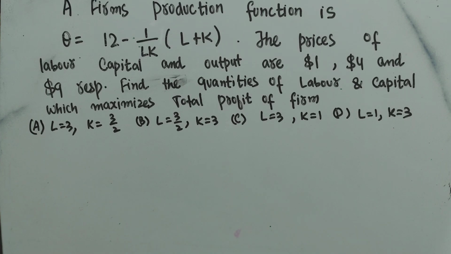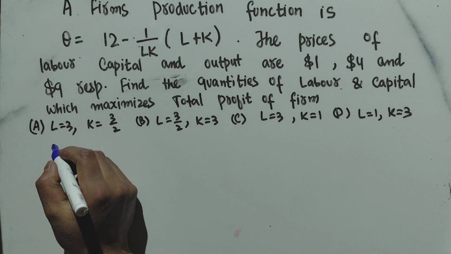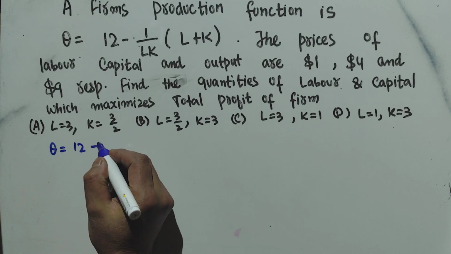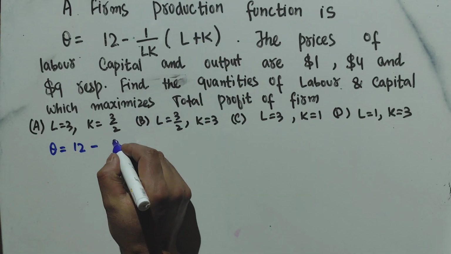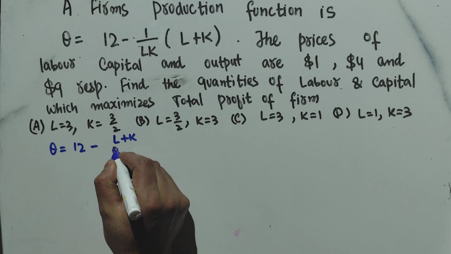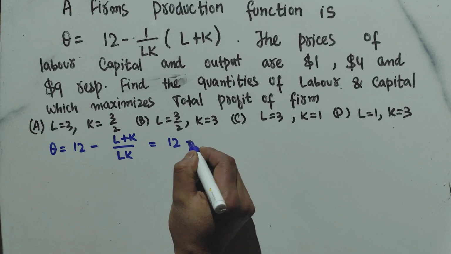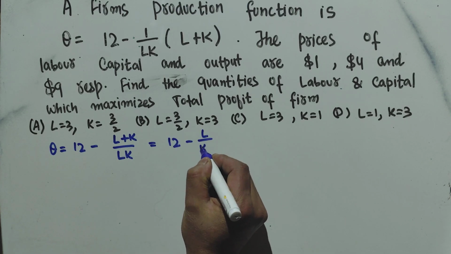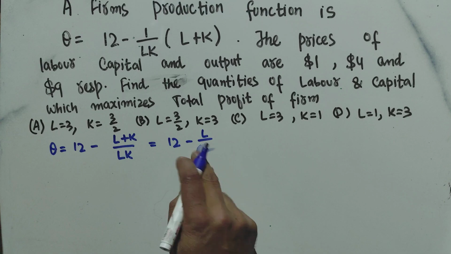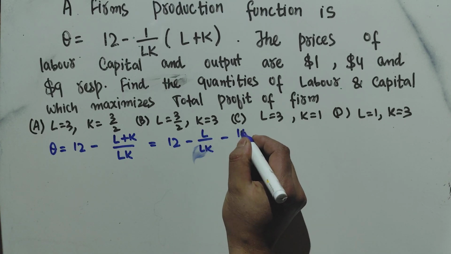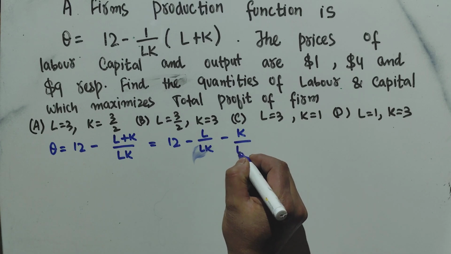Okay, so we have the production function. Let me write it here with another color. Output is equal to 12 minus (L plus K) divided by LK, or let us rewrite it: 12 minus L upon LK minus K upon LK.